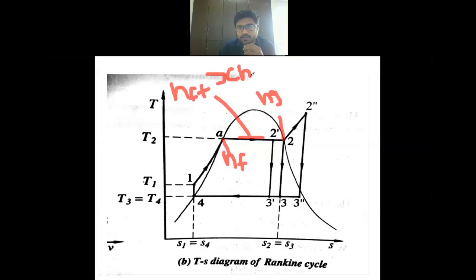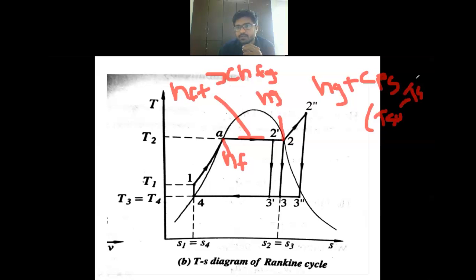Clear? And if our point is outside of this dome, at that time our equation will become Hg plus Cps in bracket T superheated minus T saturated. Remember this.